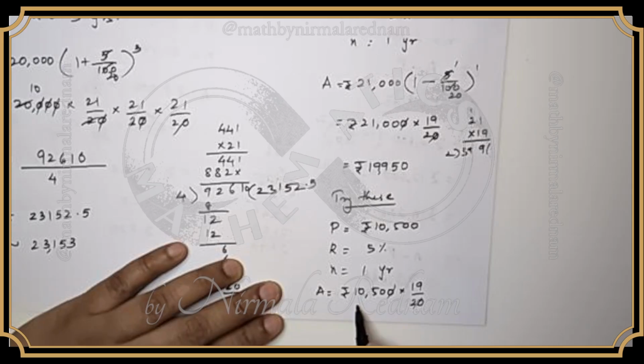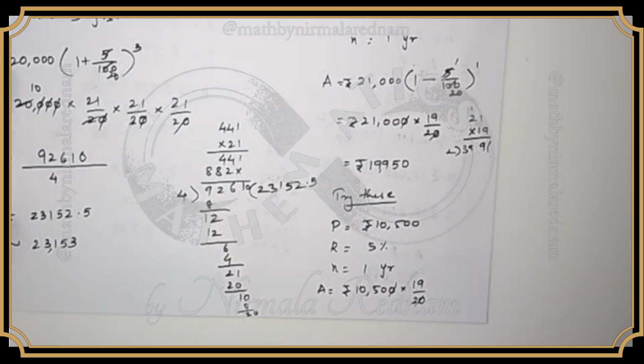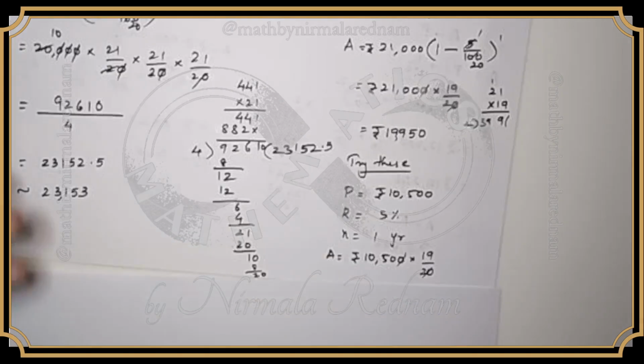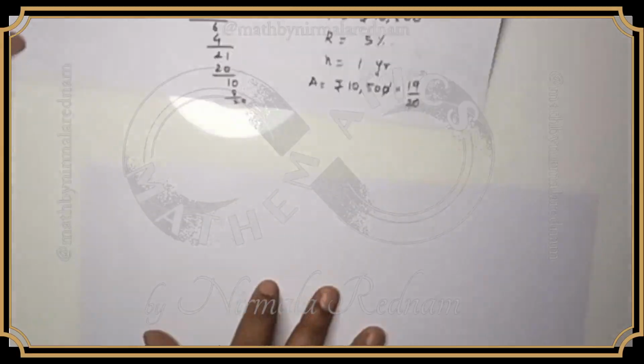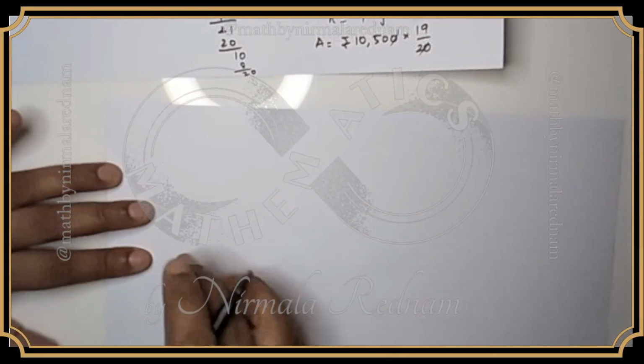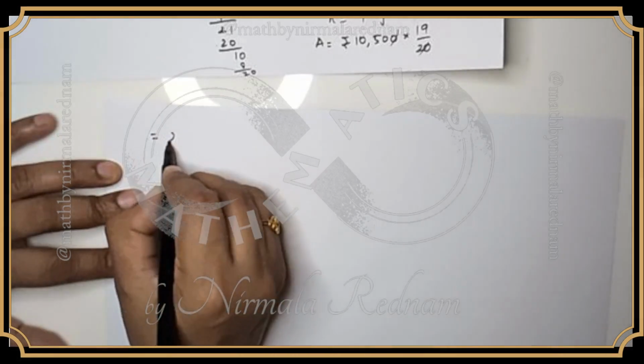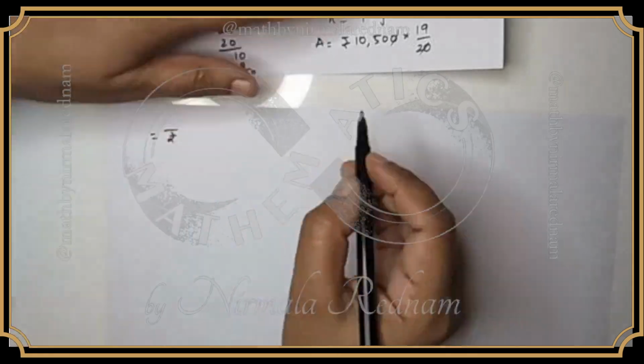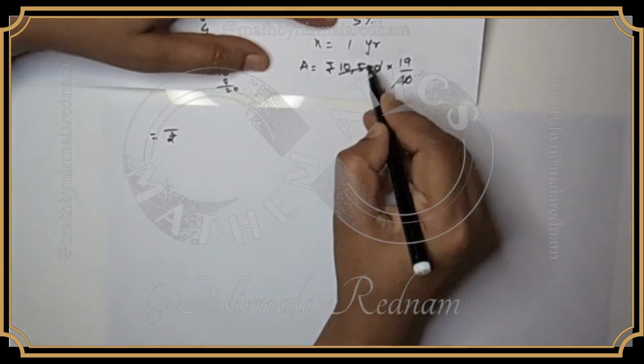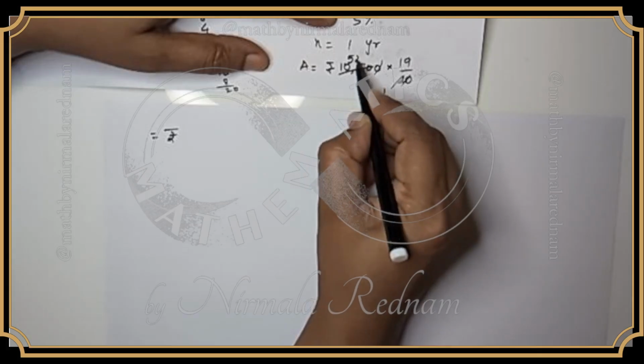And then I have 1050 into 19 by 2. So I have to simplify this now. Here if I cancel this 2, I have 525, right?